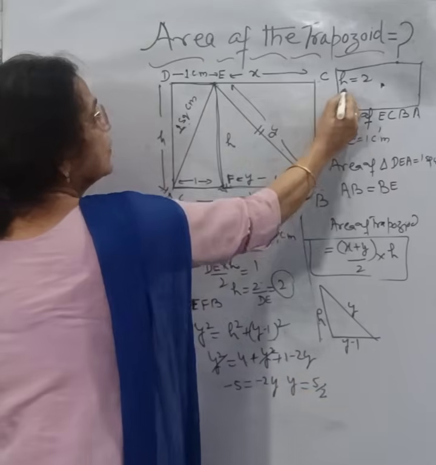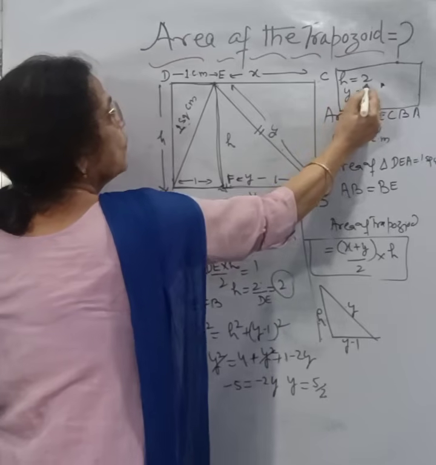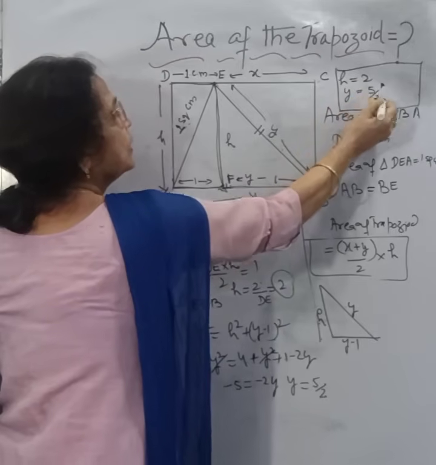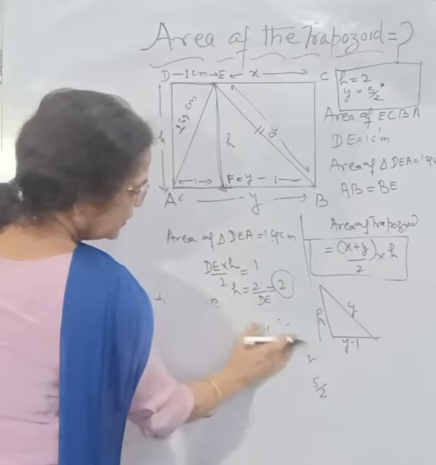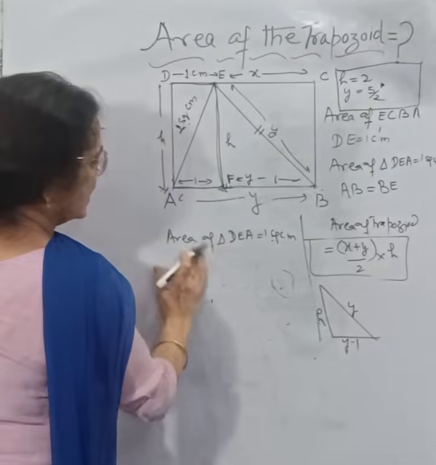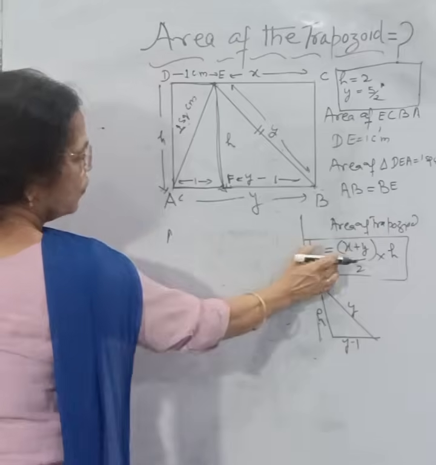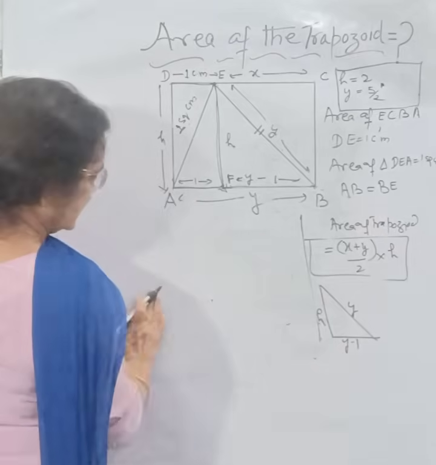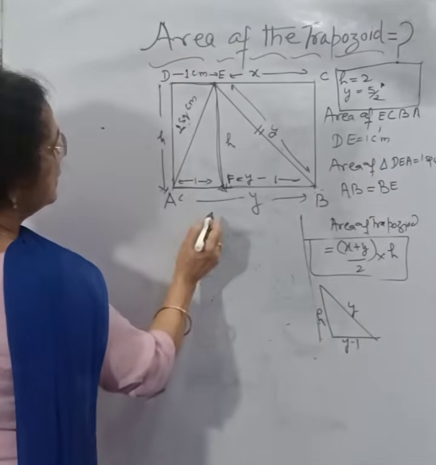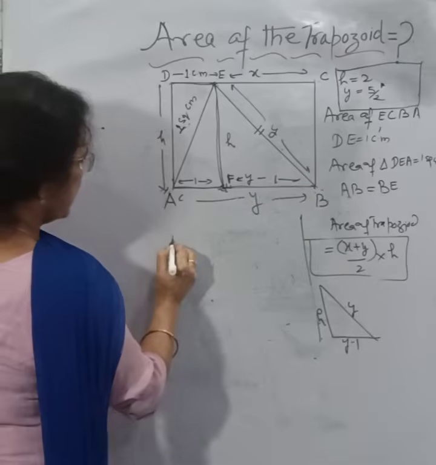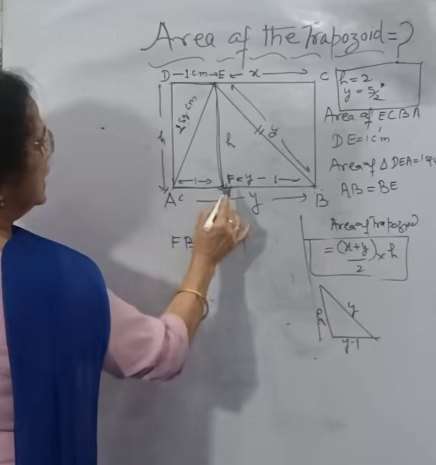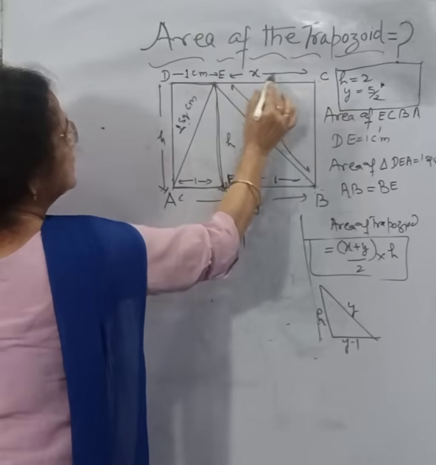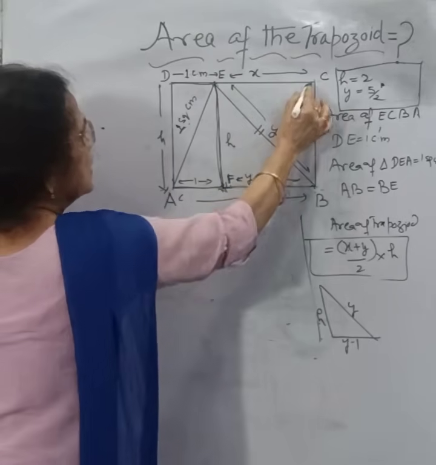Now, second, Y is equal to 5 by 2. Remaining thing is to calculate x. अब हमें x निकालना रह गया, और उसके बाद इस फॉर्मूले में रख देंगे, तब वैल्यू आ जाएगी. x निकालने के लिए क्या करें? अब देखिए, ये FB portion, FB is equal to y minus 1, and this portion is also equal to x, because this line is parallel to this.